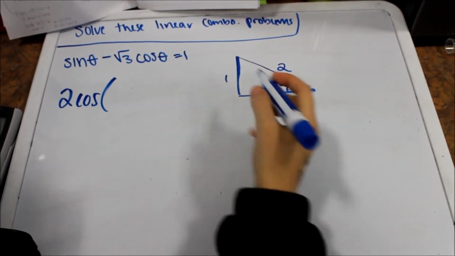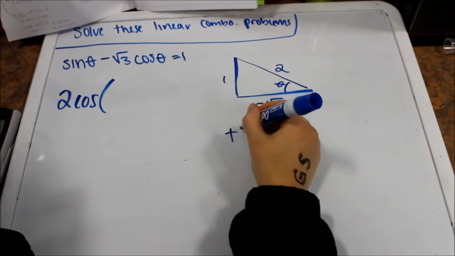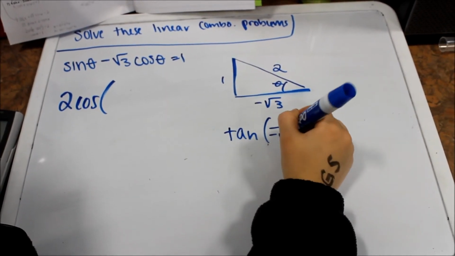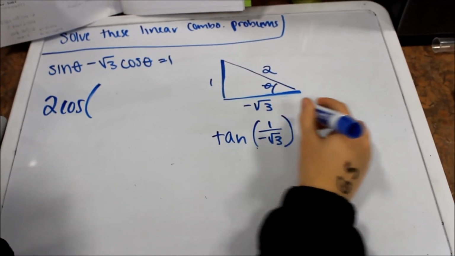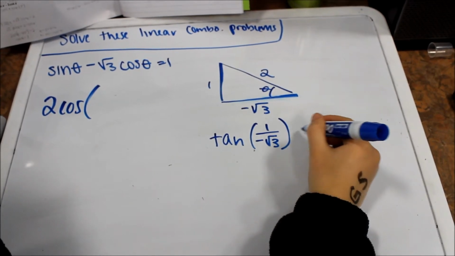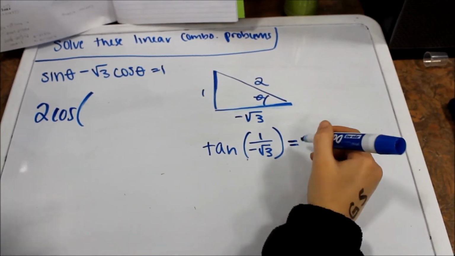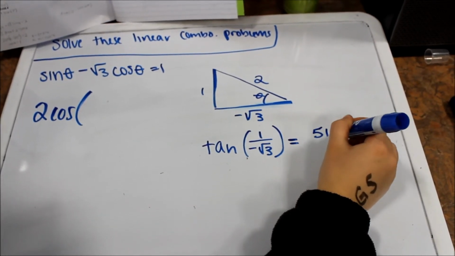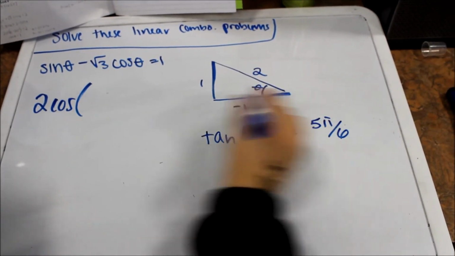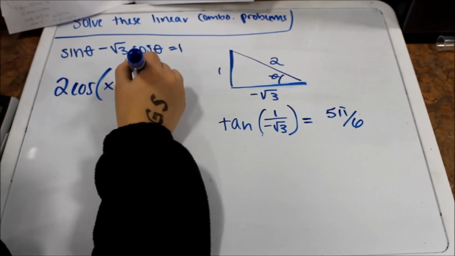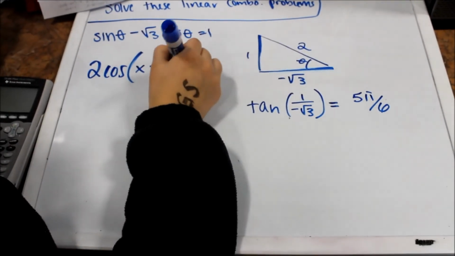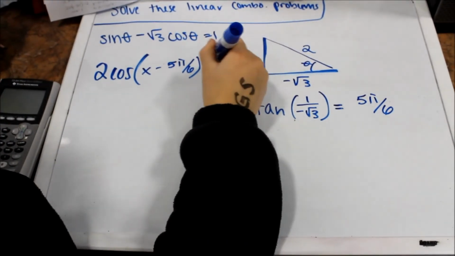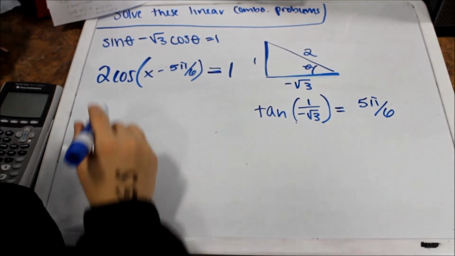To find c, or whatever you want to call it, we're going to do tangent, opposite 1 over negative square root of 3 over adjacent, and find whatever that is equal to on the unit circle. So our answer will actually be 5 pi over 6. So we know that this is x minus 5 pi over 6. So that's our equation. But remember, we still have equals 1, so now we've got to solve it.